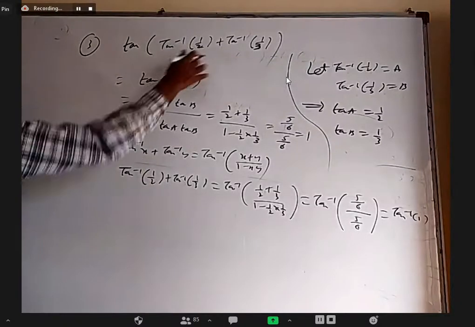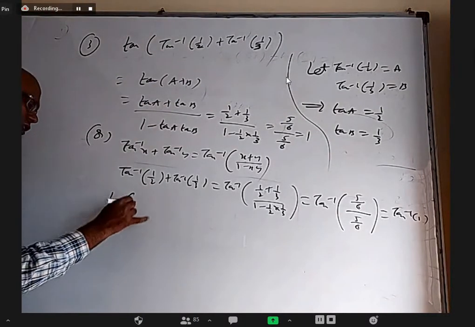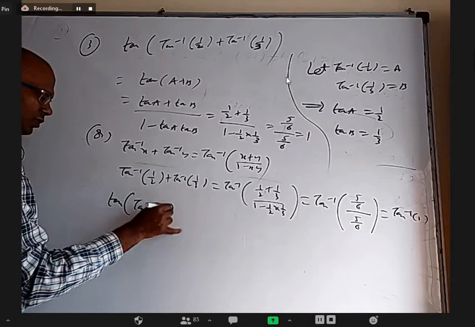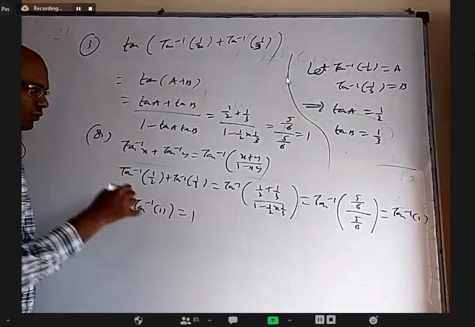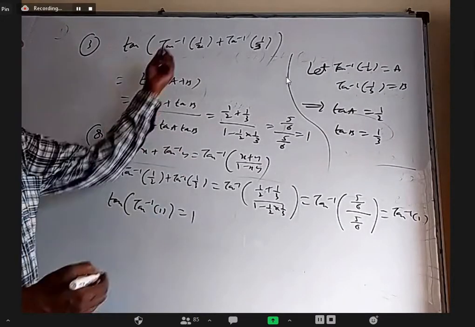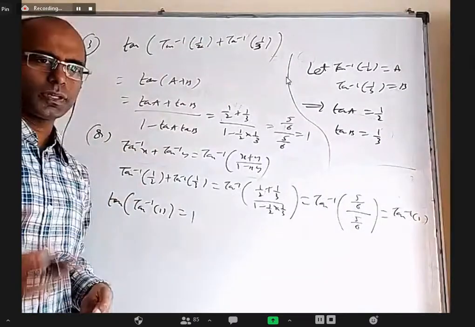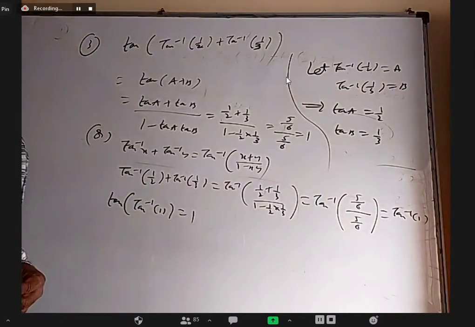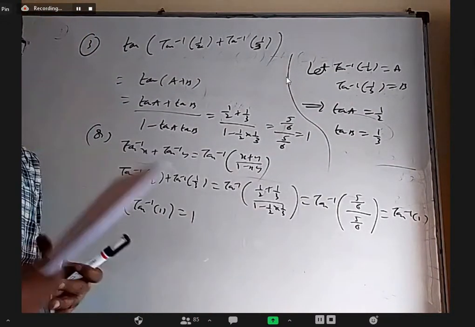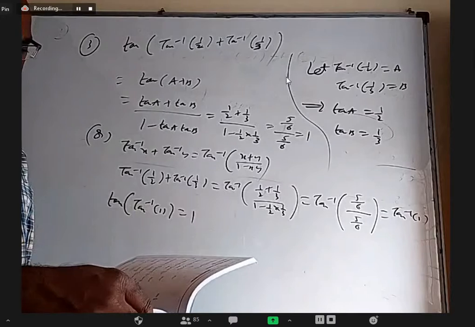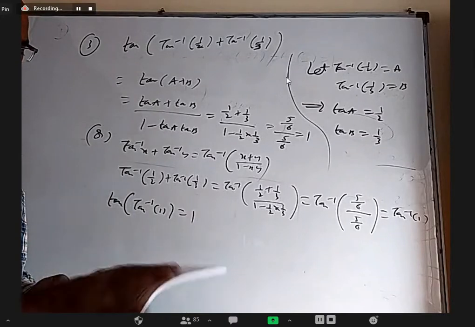So the inner part is tan inverse 1, and the question is tan of tan inverse 1, which will be 1. If you want to use a formula, you can. If not, simply take each inverse as A or B or C and do it like a trigonometric question. Fourth one and fifth one are simply finding values, so just try to do it.